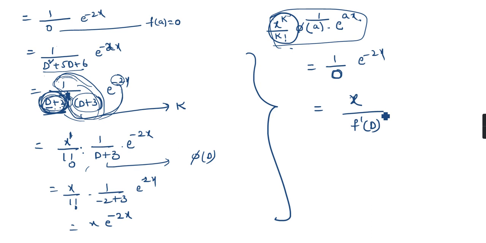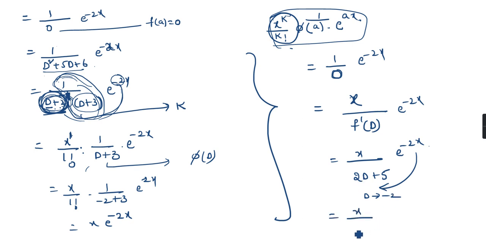However many times you are differentiating, that many times you put x into e power minus 2x. So x by f dash of d: f of d is d square plus 5d plus 6, f dash of d is 2d plus 5 into e power minus 2x. Again replace d by minus 2 here. So x by (2 into minus 2, minus 4, plus 5) which is 1, into e power minus 2x. So x into e power minus 2x.